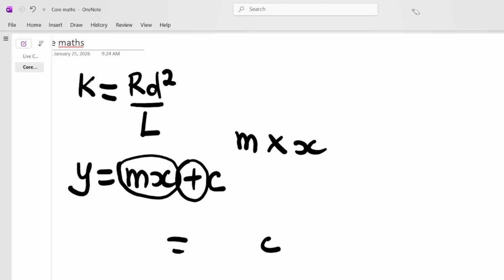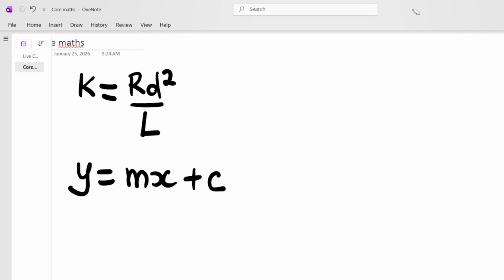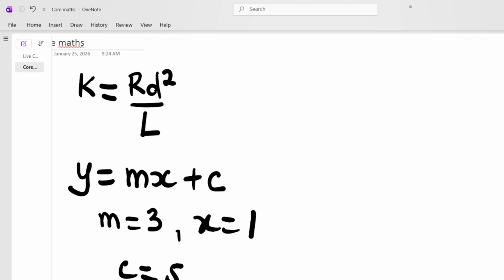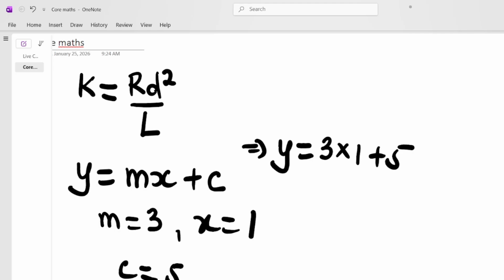If they give us y is equal to mx plus c, and they ask us to compute the value for y when m is equal to 3, x is equal to 1, and c is equal to 5, then after substitution, y will be equal to 3 multiplying 1, which is the x, plus 5.